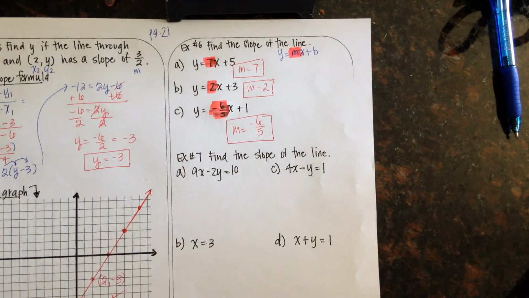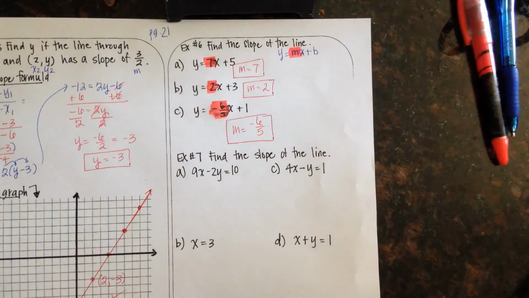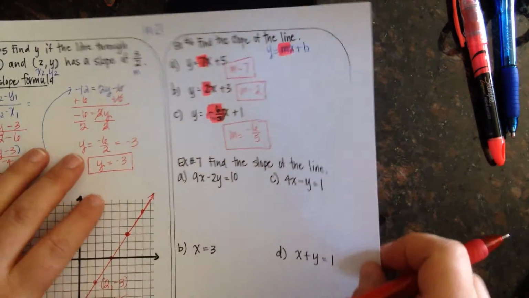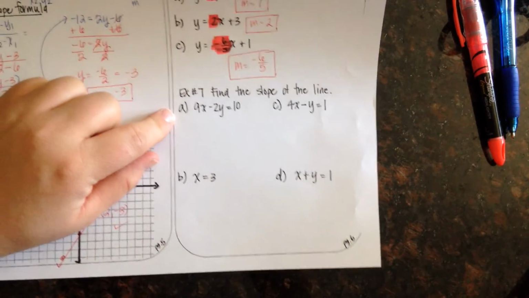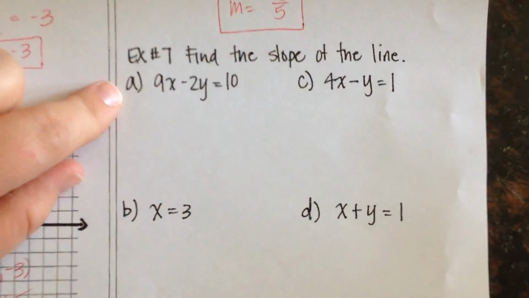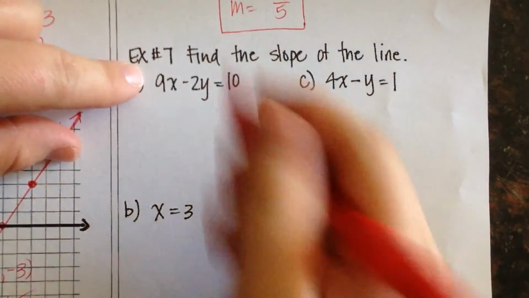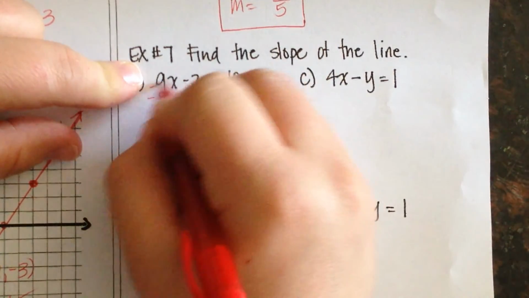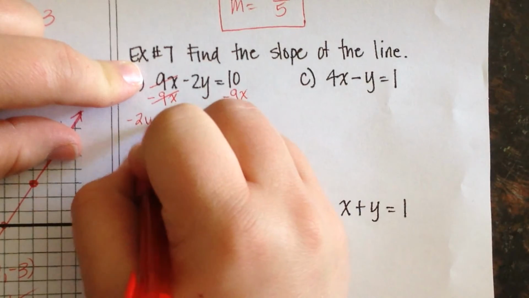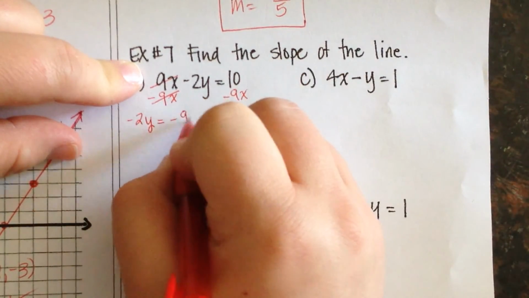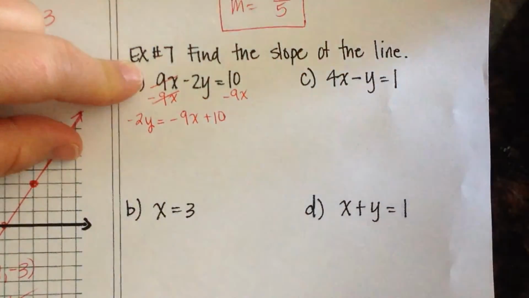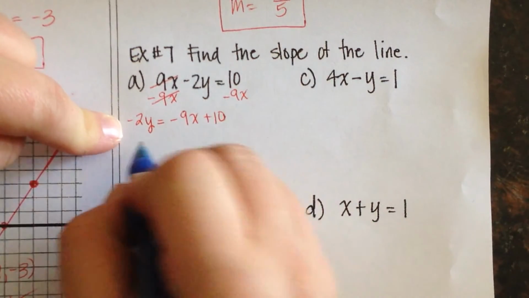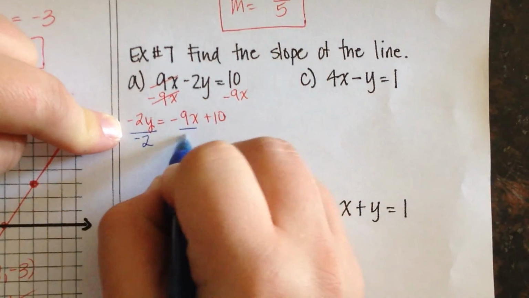Now on example 7, we do not have slope-intercept form, so we're going to have to do some rearranging. Okay, I'm going to have to zoom in real quick. I want to get y by itself. So first thing, subtract 9x from both sides. I'm left with negative 2y equals negative 9x plus 10. To get y by itself, I want to divide by negative 2.